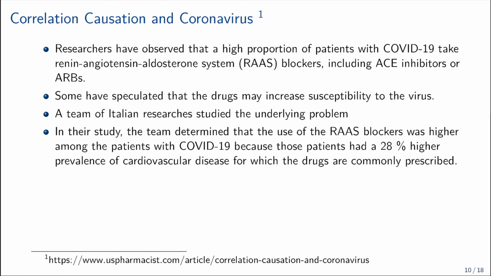So yes, there is a correlation, but it is not the cause. The cause is that their health condition is already compromised, and they're taking the medication for that. And because their health condition is compromised, the symptoms are higher for those patients, not that the medication is causing an increase in the symptoms.